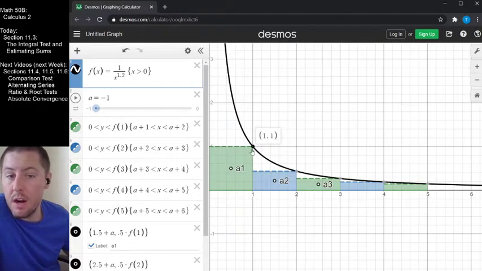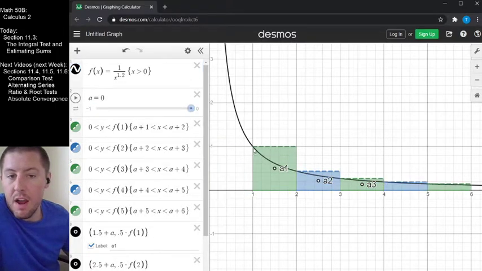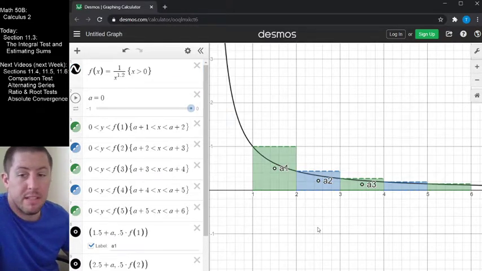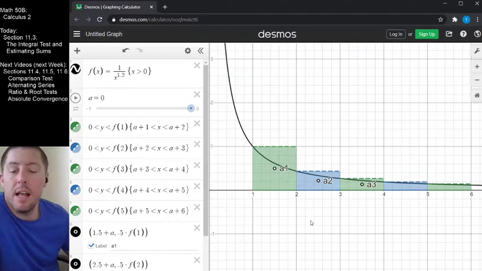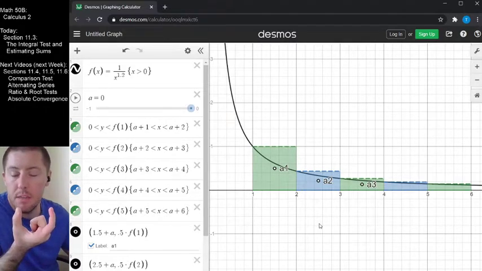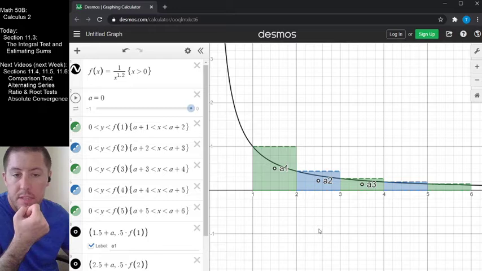Notice here, our rectangles here are all on the right-hand corners where they touch the curve, versus over here, our rectangles are all on the left-hand corners where they touch the curve. So what we're thinking about today is we want to interpret our series as either being left or right hand Riemann sums, with delta x being 1 to make the area equivalent to the value of the series.